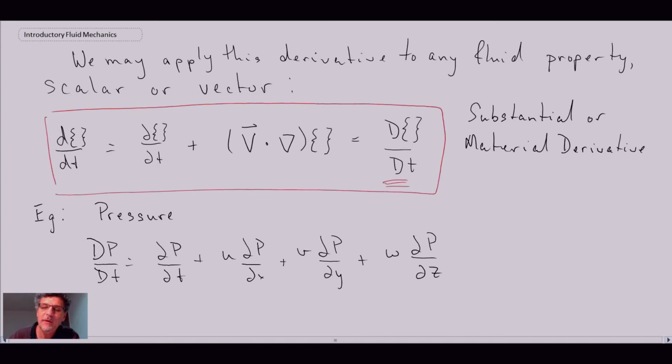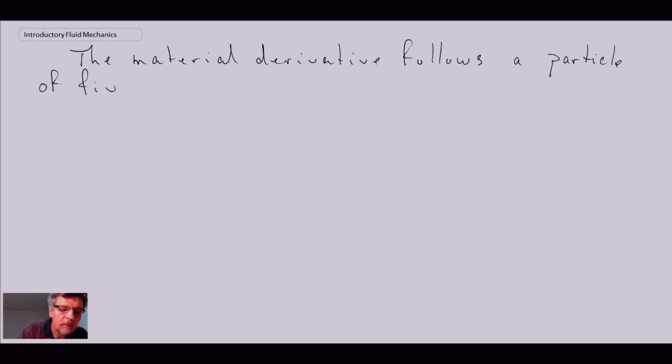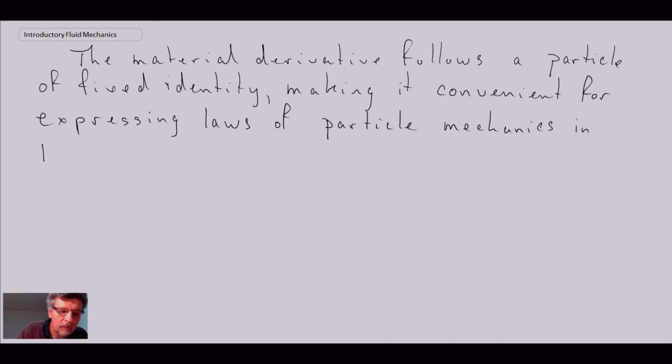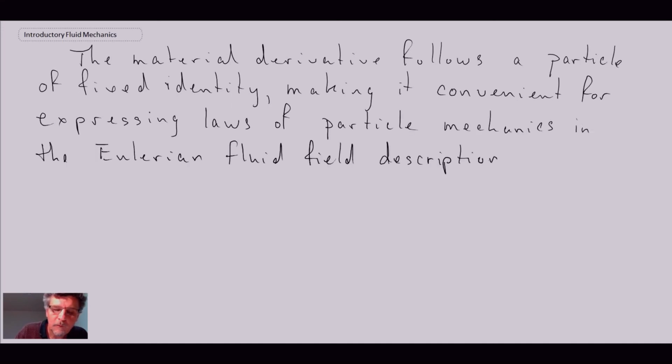The unique thing about the material derivative that we just looked at is that it follows a particle of fixed identity, and therefore it makes it possible for us to apply the laws of particle mechanics in the fixed Eulerian flow field frame that we talked about earlier.